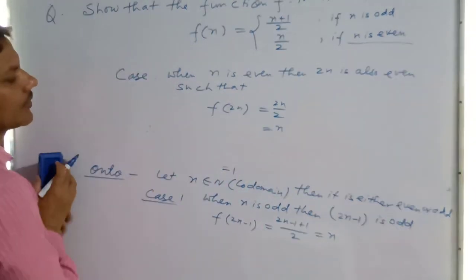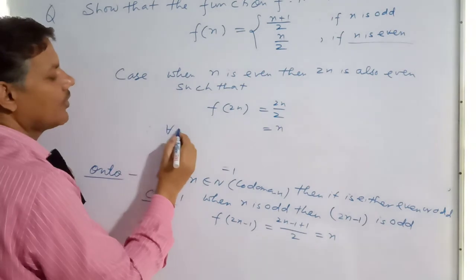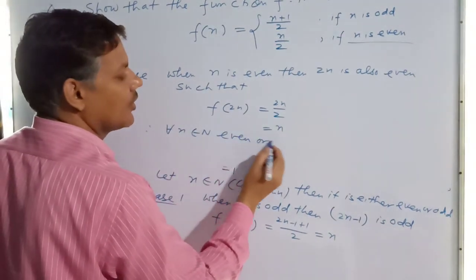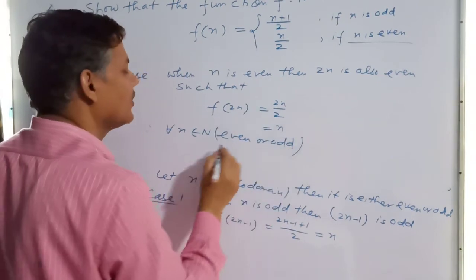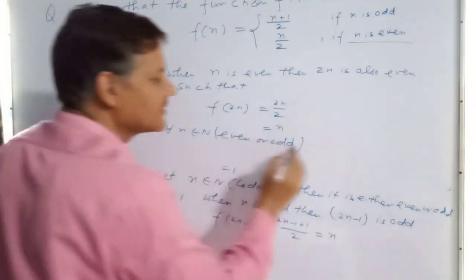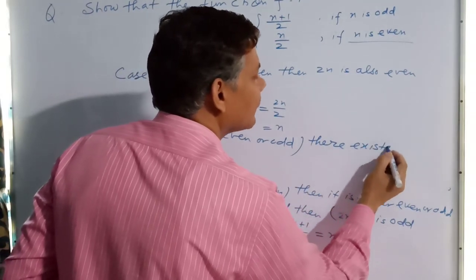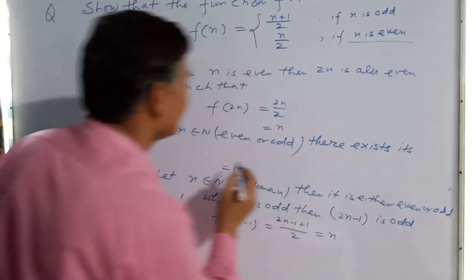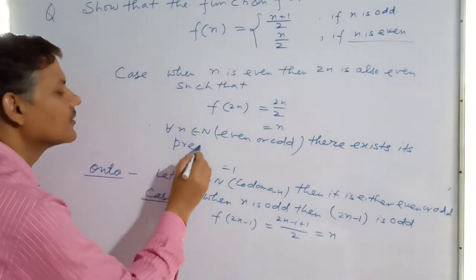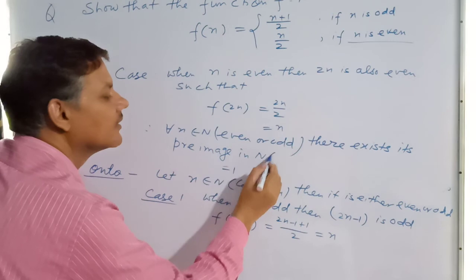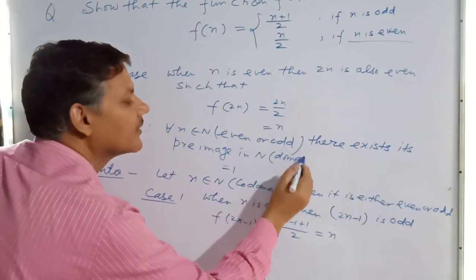Therefore, for all n, whether even or odd, it means for all elements of its codomain there exists its pre-image in N, that is the domain.